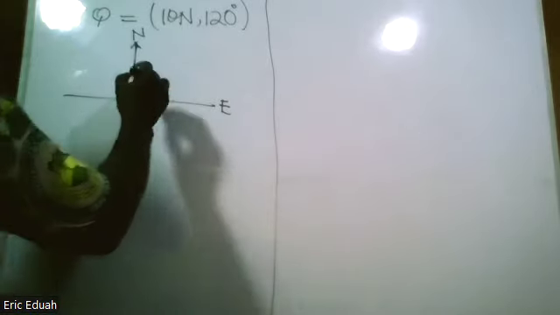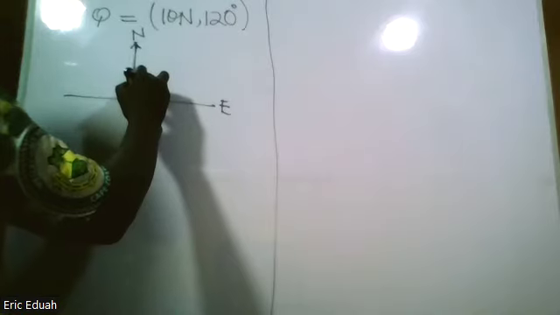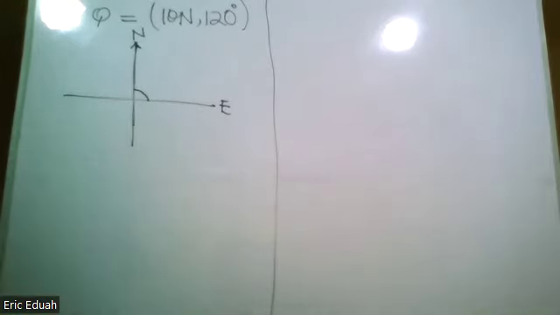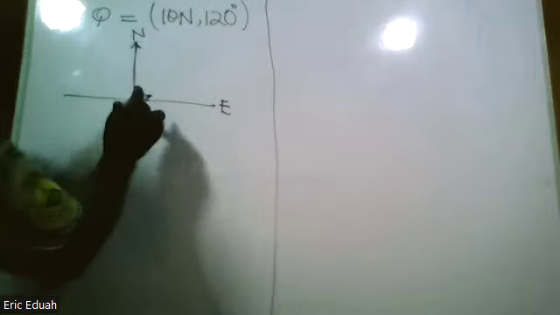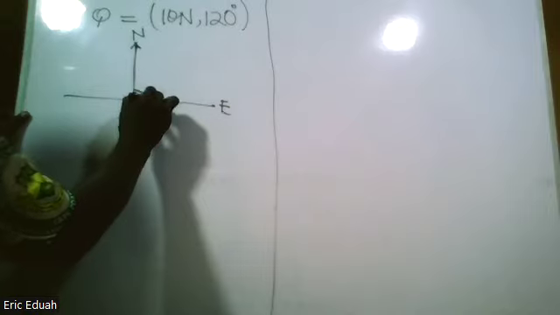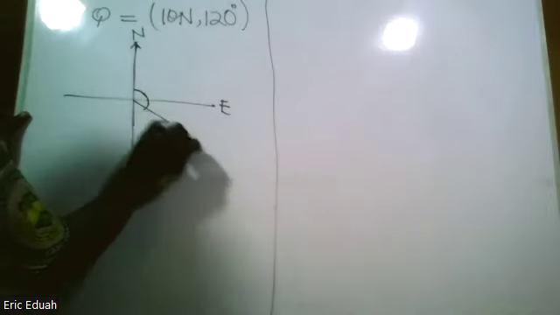So I'm going to draw 120 degrees. This is 90. How much do I have to add to 90 to get 120? 30. So I need to add 30 degrees to it to get 120. So from here, I measure 30 degrees.